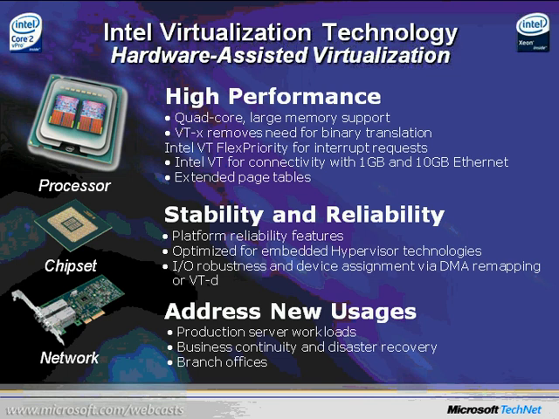Now, beyond just processor support, Intel VT offers some other hardware-assisted virtualization capabilities. For instance, Intel VT FlexPriority is a hardware technology that prioritizes interrupt requests coming from the various VMs so that it can be handled in as streamlined a manner as possible.